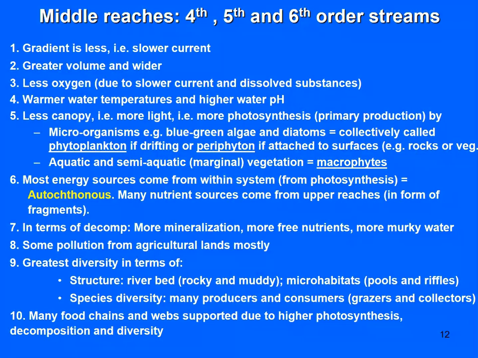We already pick it up in our middle reaches because the type of land use practices or human activities that you find around middle reaches of a river are very often agriculture, farms, and maybe small towns. But the towns and cities are usually located more towards the lower reaches of a river. And then again, greatest diversity, remember, in terms of riverbed structure, in terms of producers and consumers, and many food chains and food webs that can be sustained and supported.